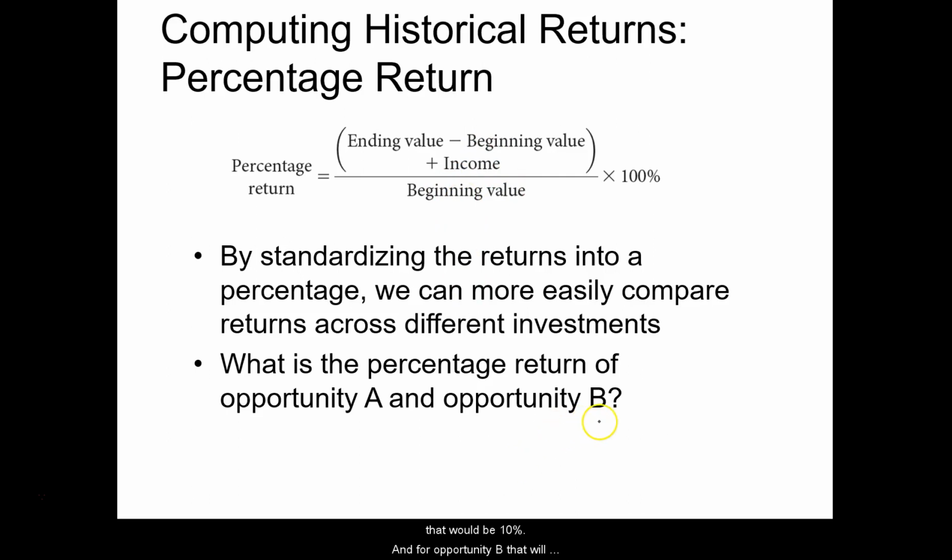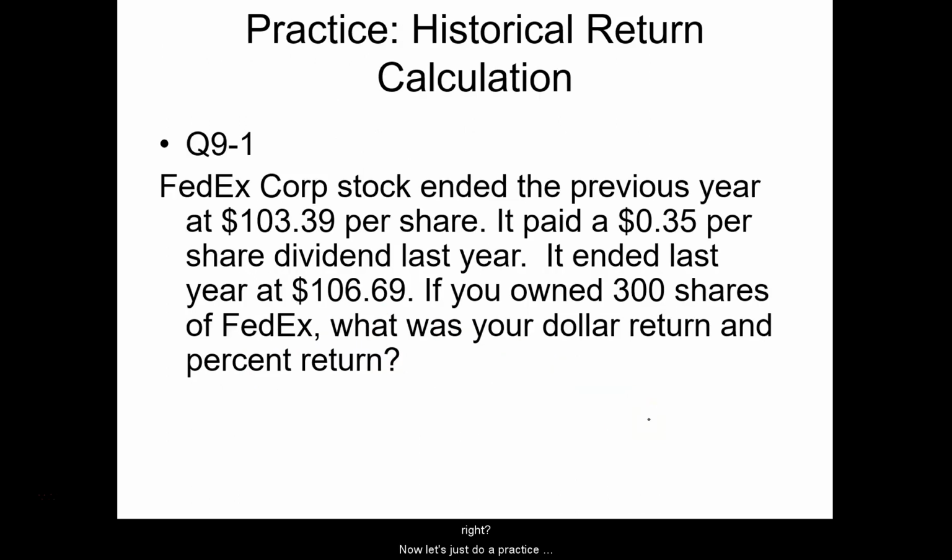And for opportunity B, that will be the $100 return divided by $10,000 initial investment, or say the beginning value, and that would be 1%. And now between A and B, which one is better? It's pretty clear, right?